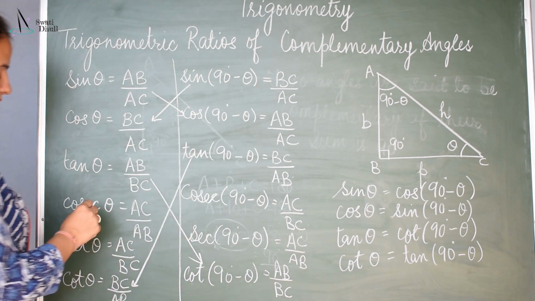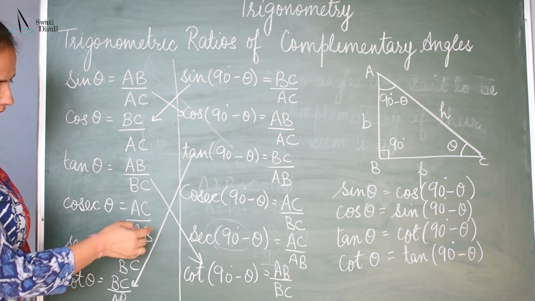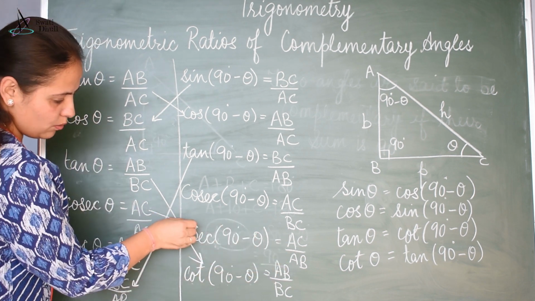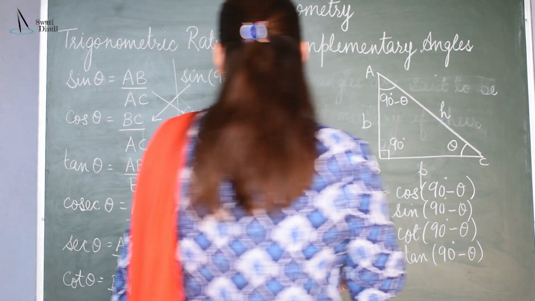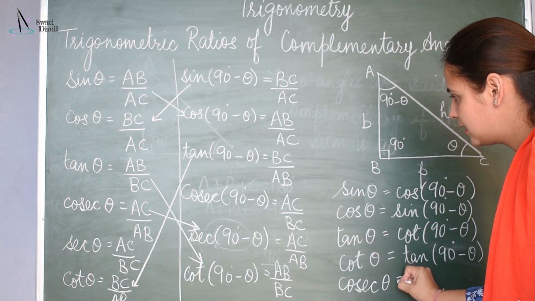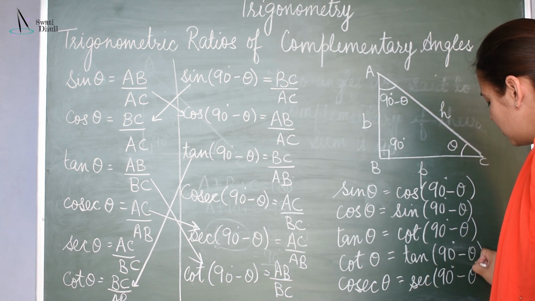Now see, cosecant and secant are left. Cosecant theta is AC by AB and secant 90 minus theta is also AC by AB. So this is equal to this. So your cosecant theta is equal to secant 90 minus theta.